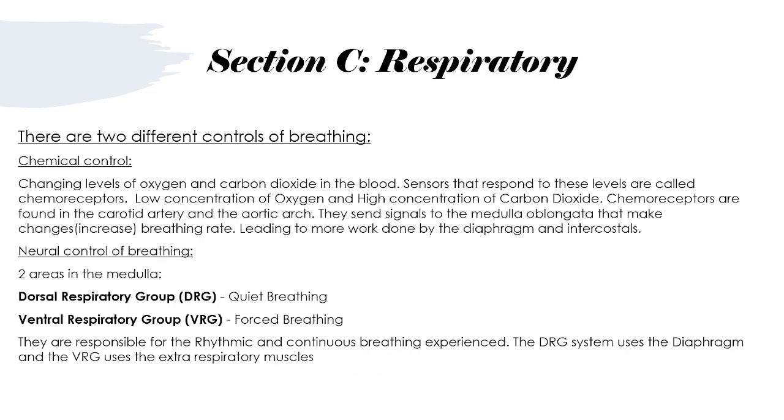Two controls of breathing: the chemical way, which is changing levels of oxygen and carbon dioxide in the blood, cause sensors to respond to these changes. They're called chemoreceptors. These chemoreceptors are found in the carotid artery and the aortic arch, and they send signals to the medulla oblongata, which then causes an increase in breathing rate.